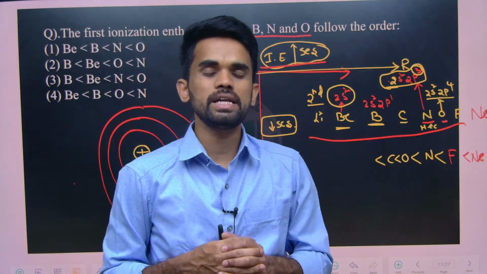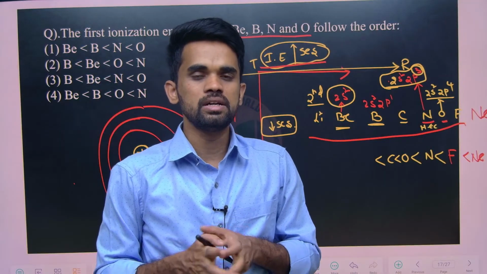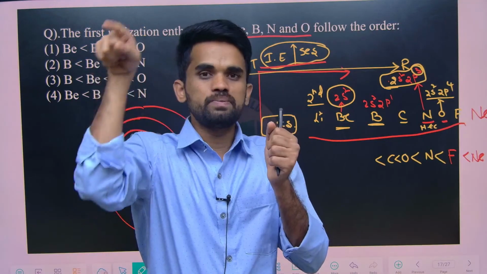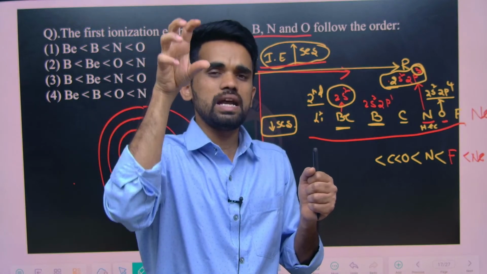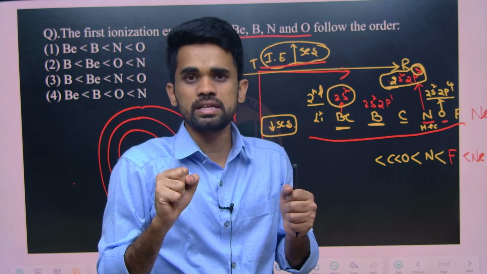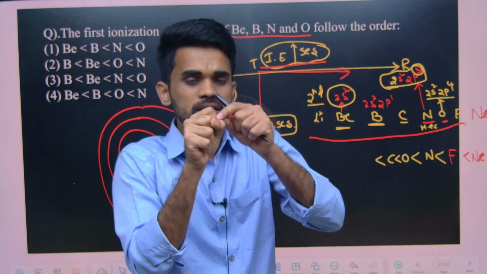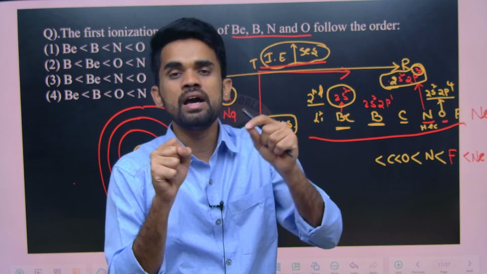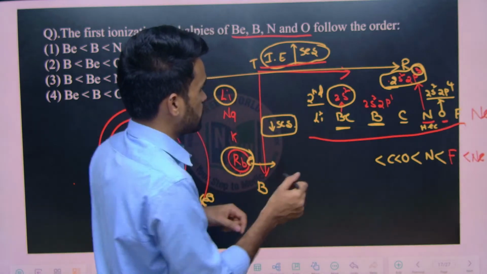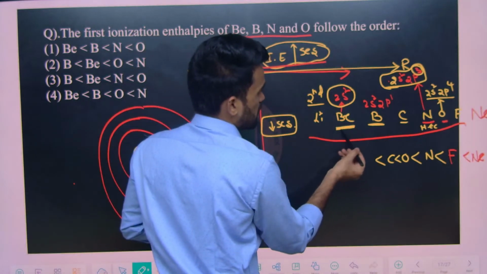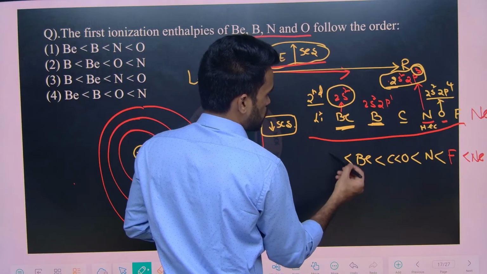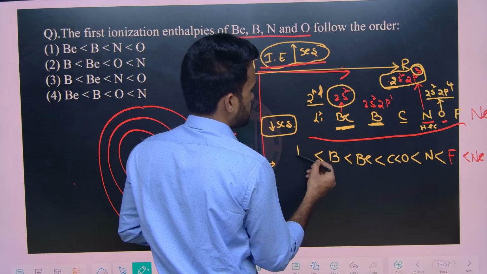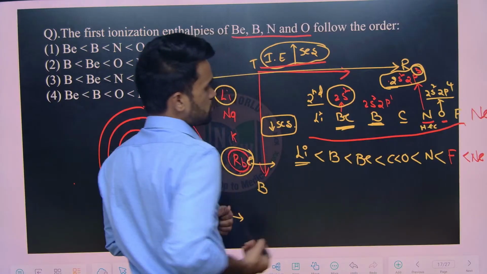We can say it is the penetrating power of the s orbital. Since the s orbital is spherical in shape, it is closely bound to the nucleus. Therefore, electrons in the s orbital are strongly bound to the nucleus. They won't come out easily. They require a high amount of energy. Therefore, removal of an electron from beryllium is difficult compared with boron. So that's why beryllium, next boron, and least is the alkali metal, lithium, like this.